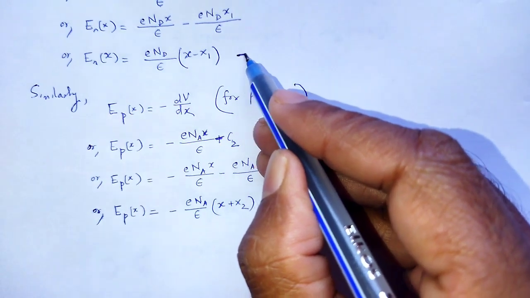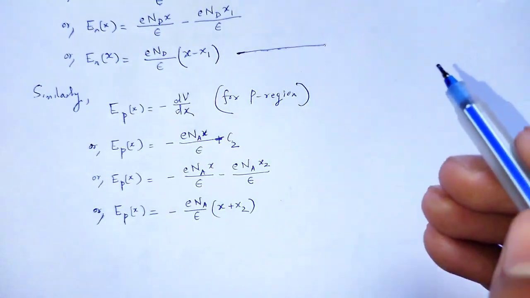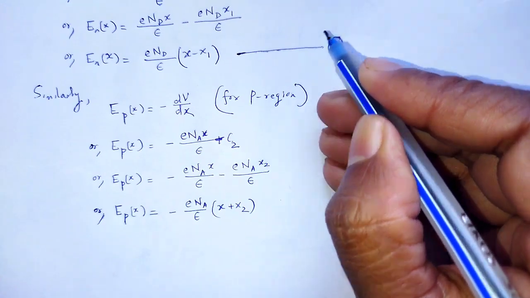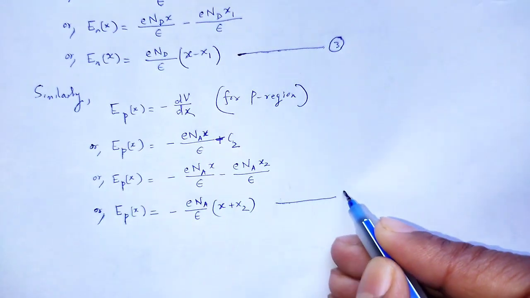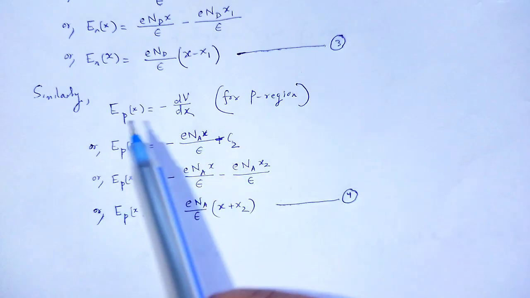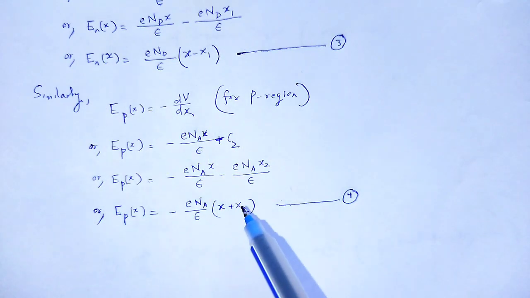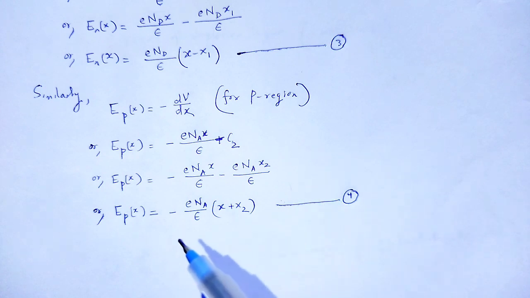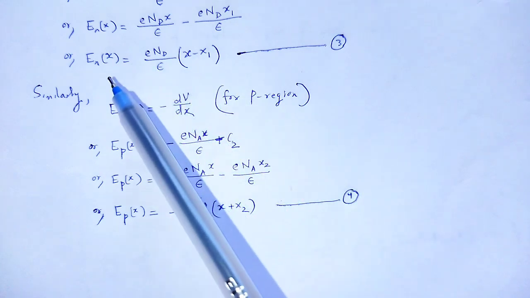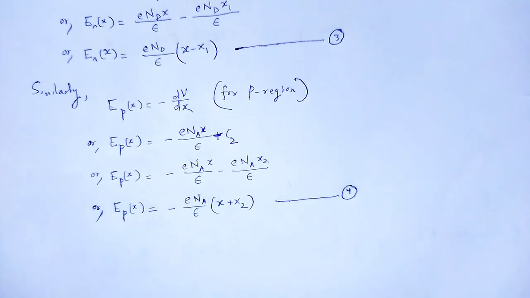We take it as equation number 3, that one as equation number 4. Electric field for n region, electric field for p region. Now, the expression for potential can be calculated by taking that of electric field.